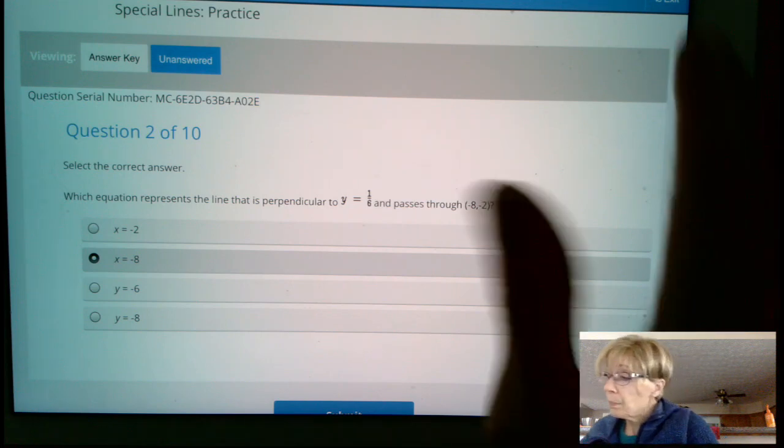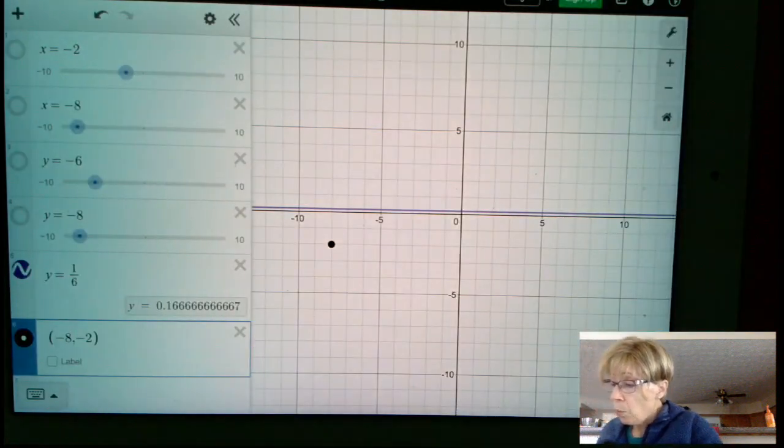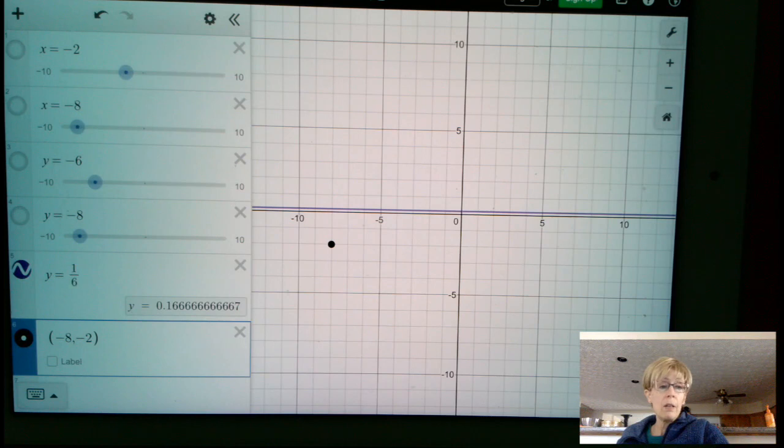Now, Desmos can help. Typed in here I have y equals 1/6, so it's that purple line. It's really close to the x-axis, and I have that point (-8, -2), and we want a perpendicular line. I have the other lines typed in, but look what happens.